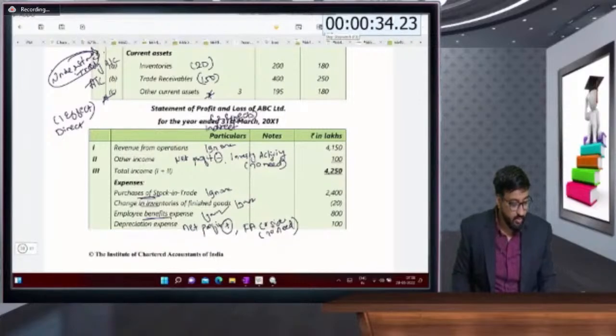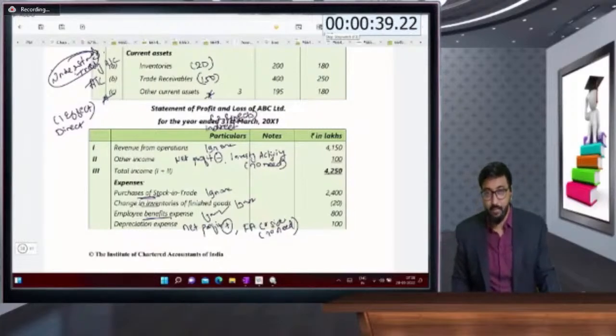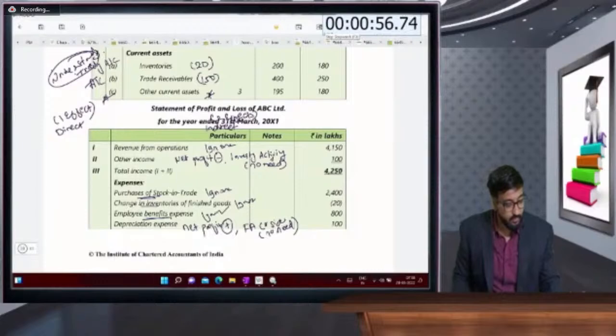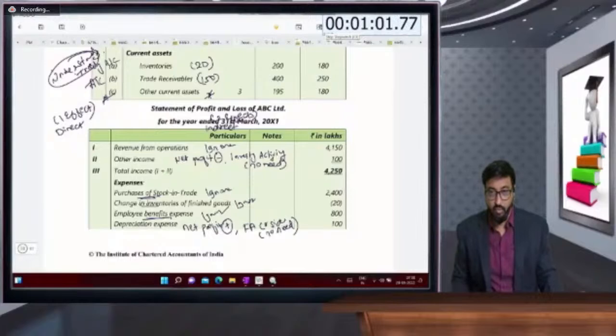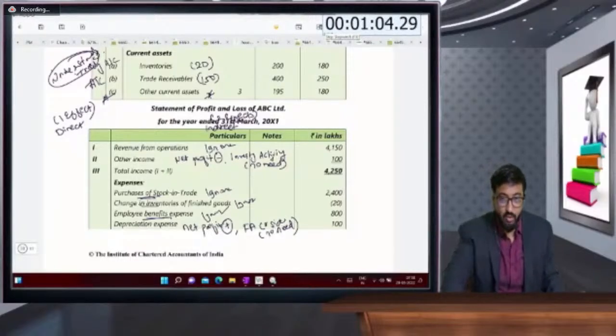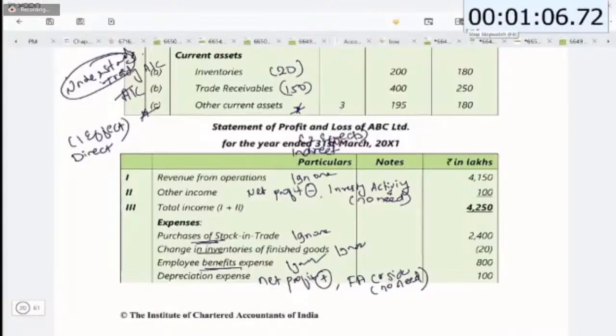Sir, I solved all these questions without opening these accounts. No, Pooja, I won't suggest that, because in the exam you may face the problem of not tallying. So for working notes, you will get some marks, and that's why it is not my suggestion to skip opening these accounts. Okay. Chalo fast, beta. Your time has already started. Tell me in the comment section after writing all these accounts. I will show you the answer. You can take a screenshot if you want after that.